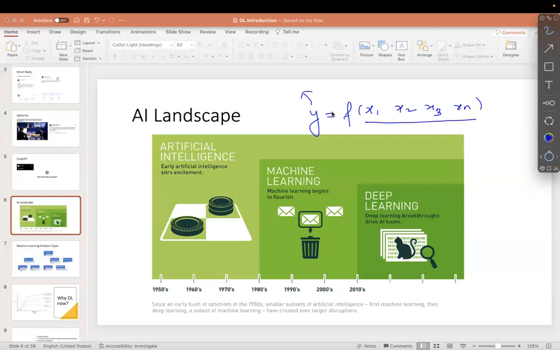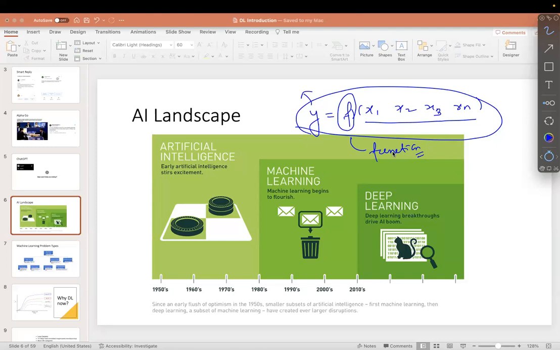And this is the outcome. And those experiences in terms of samples we have collected, now, if we give that to the machine, it automatically understands or learns this function. So learning this function is the most important part in machine learning. So machine learning is kind of a subset of artificial intelligence, right?